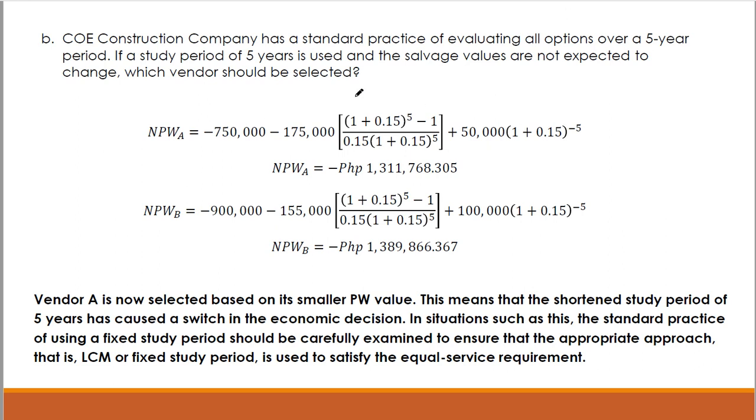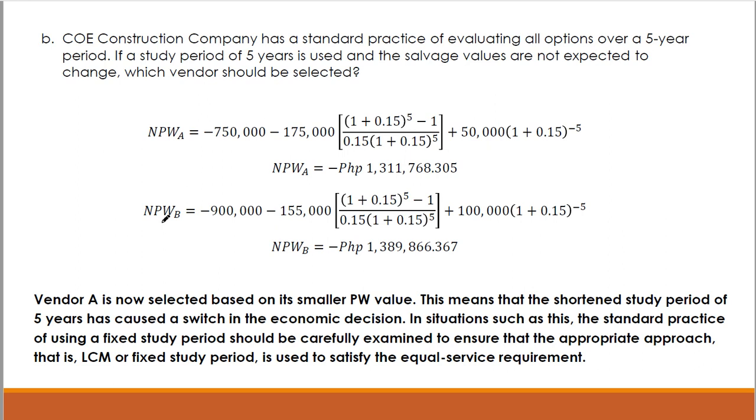Okay, so the net present worth then is negative 1.31 million for vendor A. And then for vendor B naman, same din. So although 9 years yung lifespan ng vendor B, ang analysis period natin is 5 years.